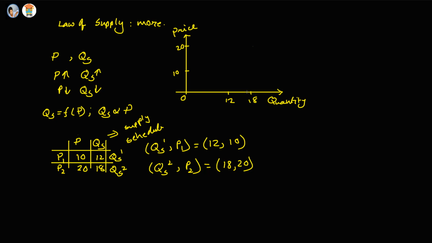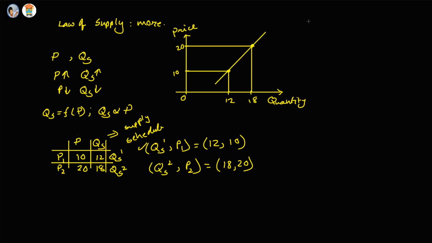So the first point is where quantity supplied is 12 and price is 10. Let us draw a horizontal line from 10 and a vertical line from 12. So this will be the first point, and then draw another horizontal line from 20 and a vertical line from 18. This will be the second point.